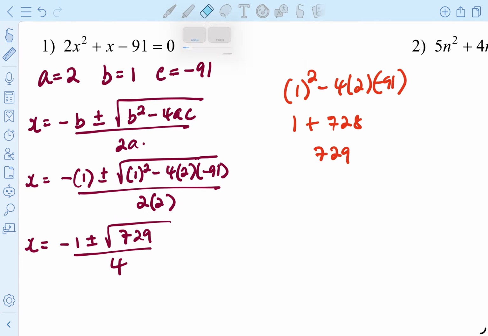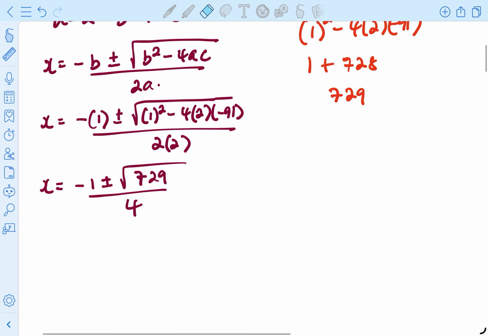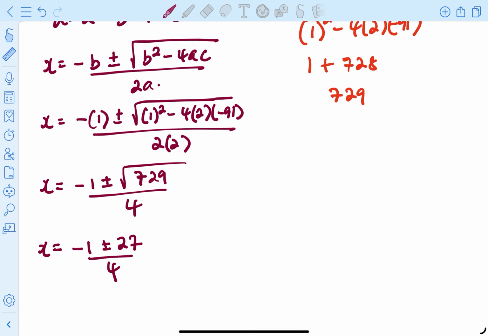Okay, so we find the square root of 729, and the square root of 729 is 27. Now you use your calculators to do that. So x is equal to negative 1 plus or minus 27 divided by 4. I wish I had a calculator to show you, but you're simply going to find the square root function and type 729, and that's going to be equal to 27.